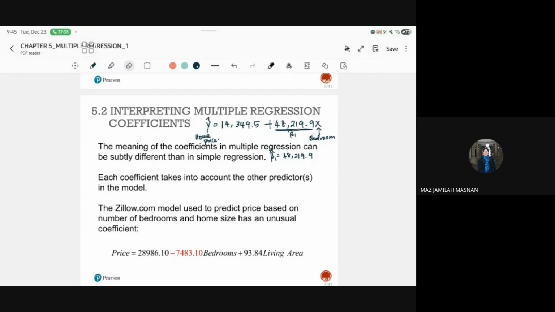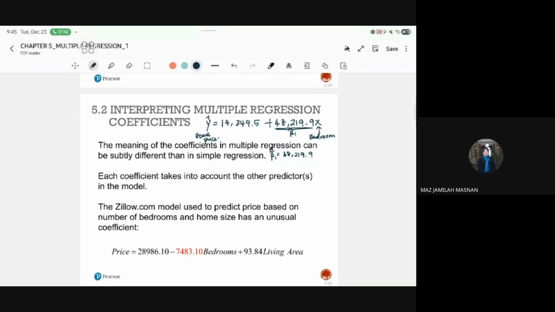Using the home price, this is for one simple linear regression. As the number of bedrooms increases, home price increases.